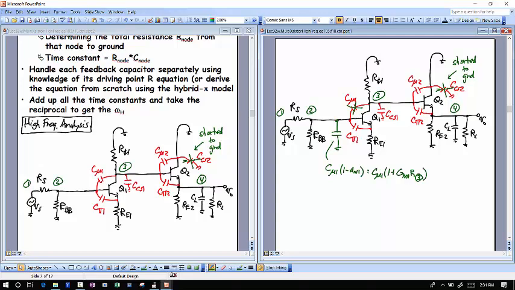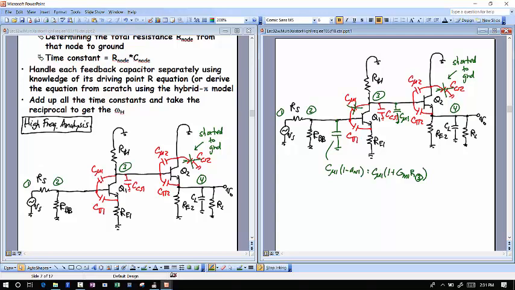And because I did that, I no longer have to worry about a capacitor in feedback. I don't need to know that equation. The equations will fall out just from what I'm doing right now. The other part of the Miller capacitor shows up here. Remember, the Miller capacitor is both at the input and the output, and this is just going to be equal to C mu 1. Everyone get that?